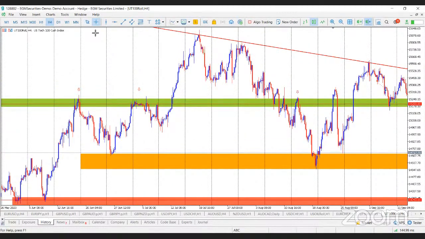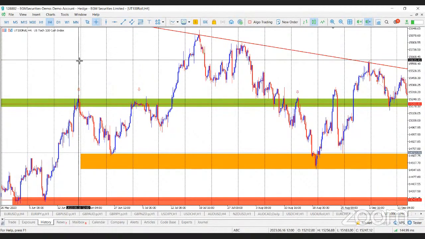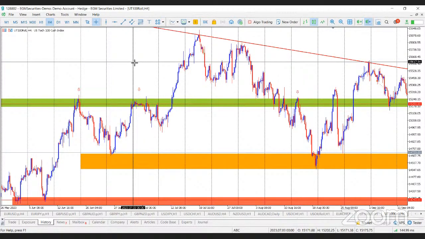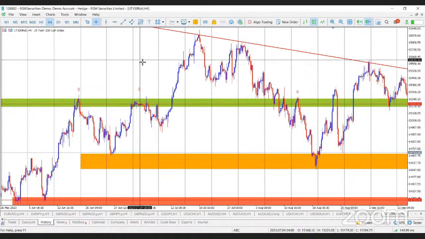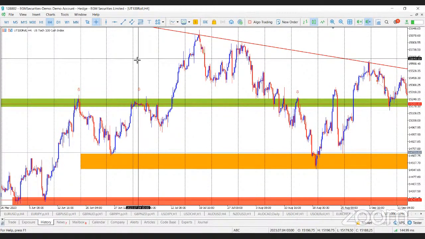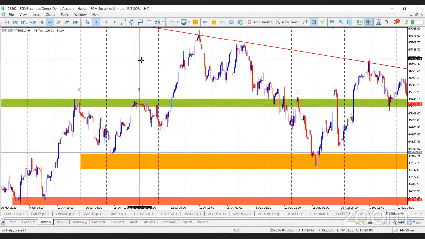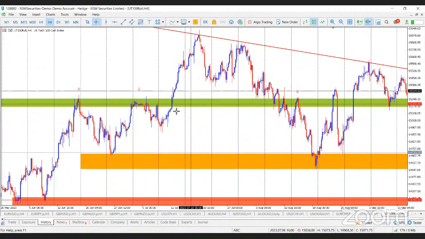So this was around 16th of June 2023, as well as the period between early July to around the first week of July 2023. It also served as resistance since prices were rejected within the same zone.